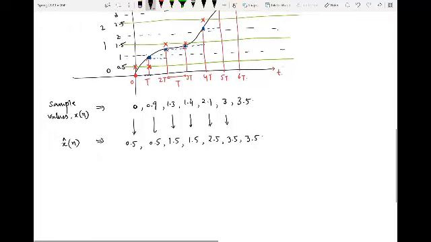In terms of levels, 0.5 corresponds to level 0, it is also level 0, then it is level 1, it is also level 1, it is level 2, and this is level 3, and this is level 3. So this is the output of the quantizer, x hat of n.